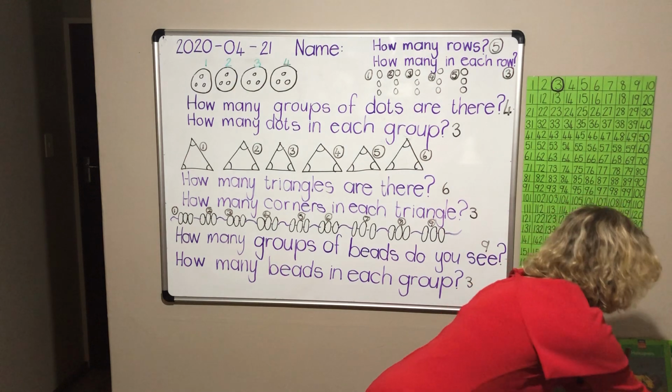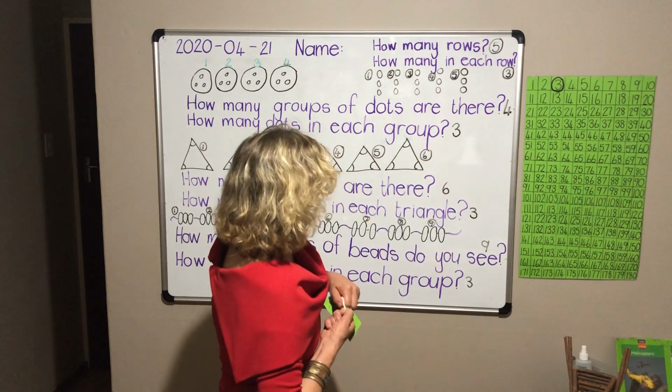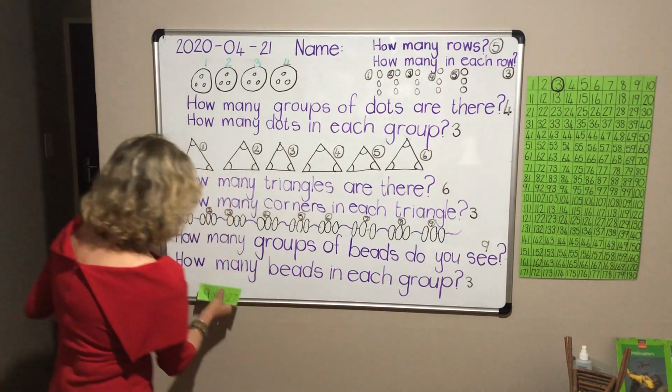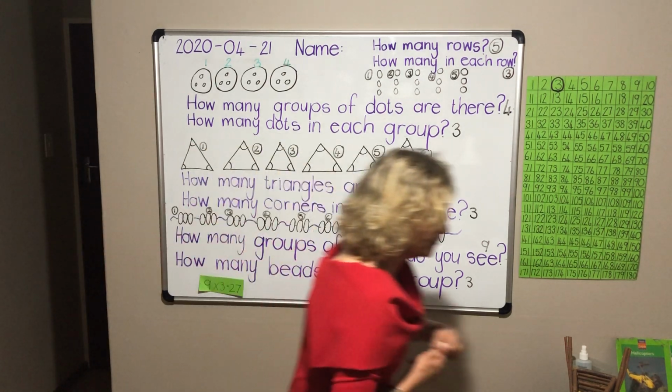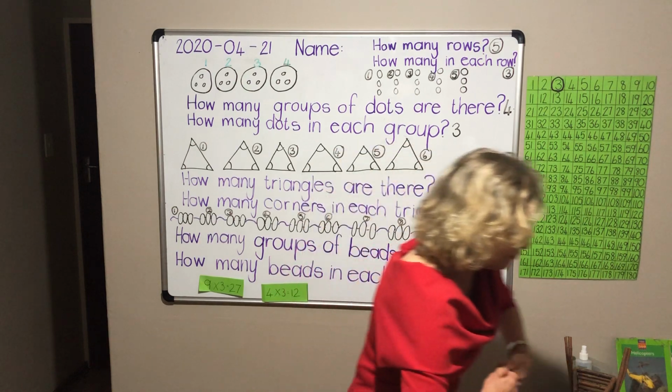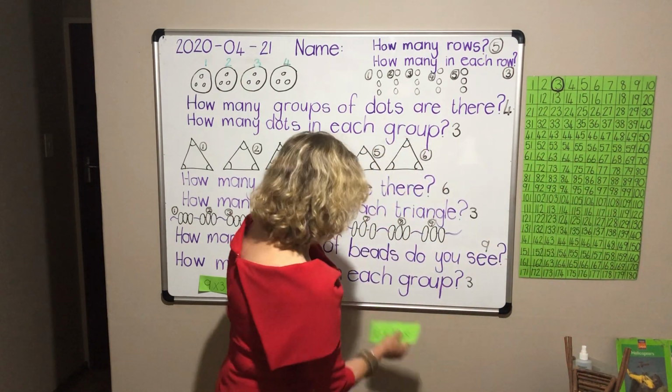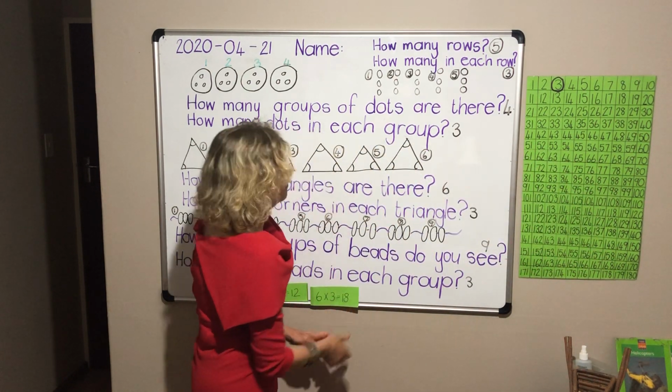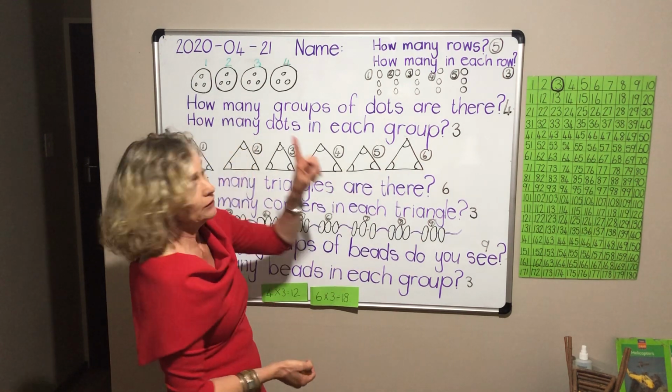I'm going to quickly put them up. And then you need to help me choose where each one of these should go. Because remember now, the first number tells us in the beginning.